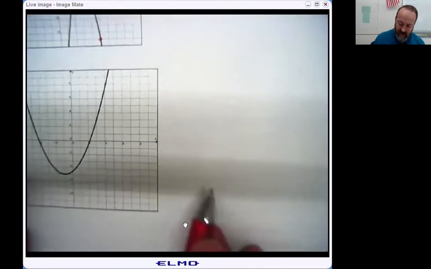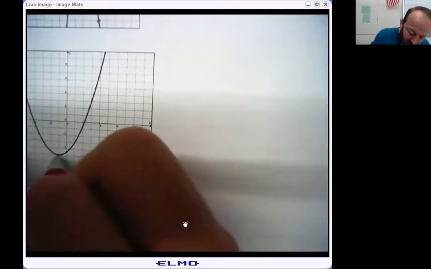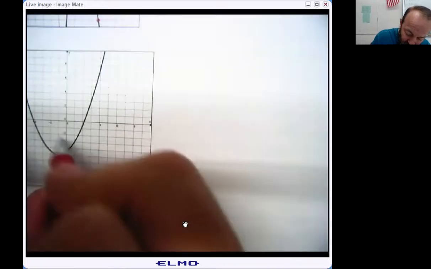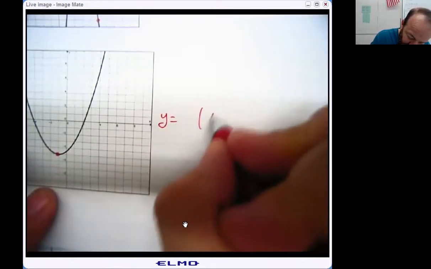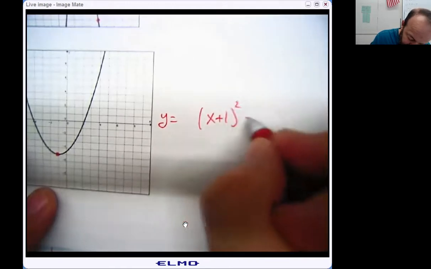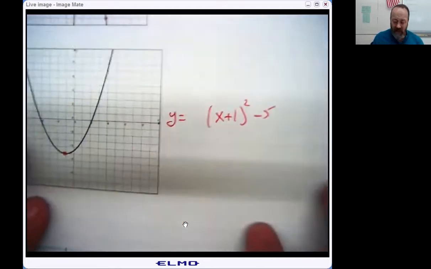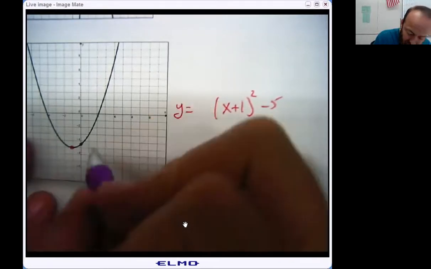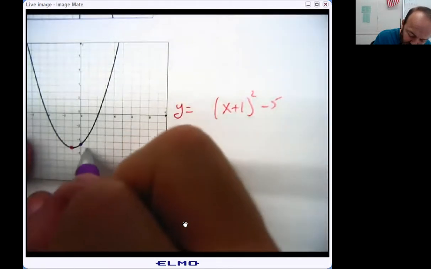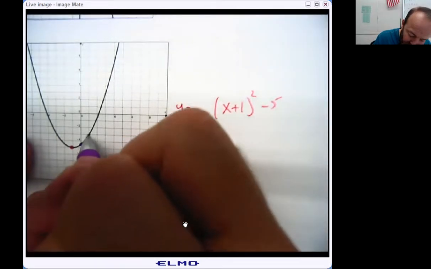And last but not least, down here, I have another vertex at (-1, -5). But I kind of messed with you a little bit here, because when I try to go over 1 and go up, it doesn't go all the way up. It goes up a piece. And then when I go over 1, it went up another little bit.